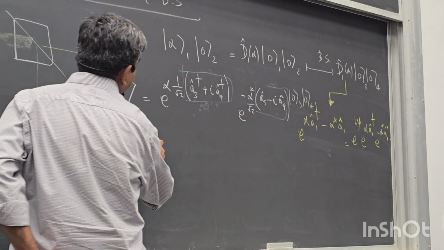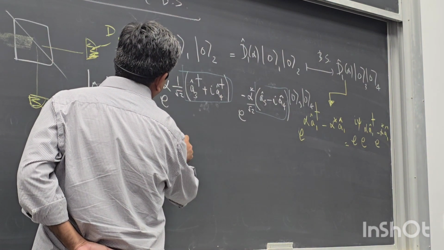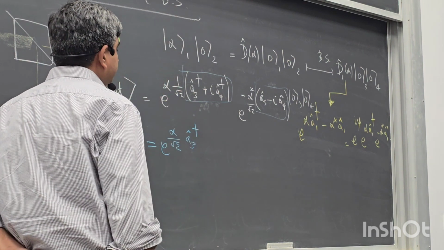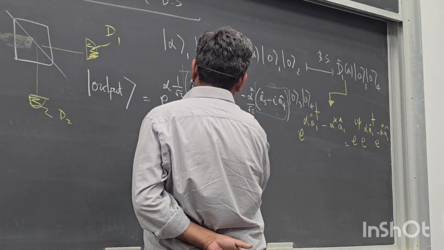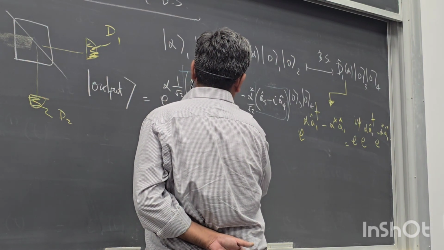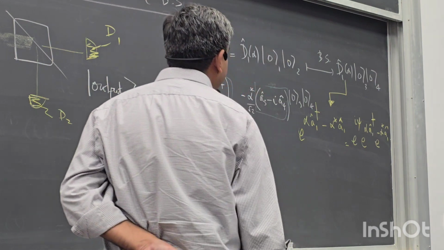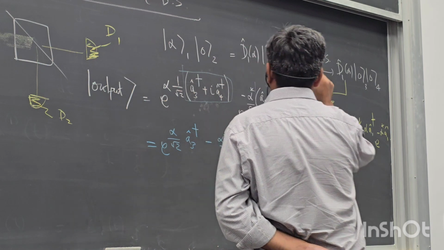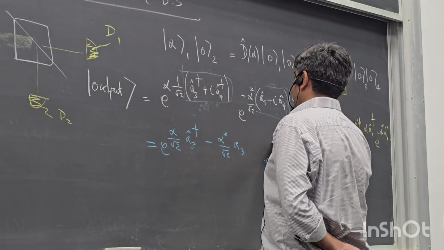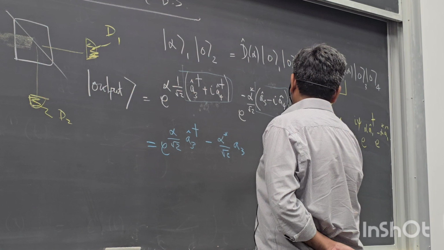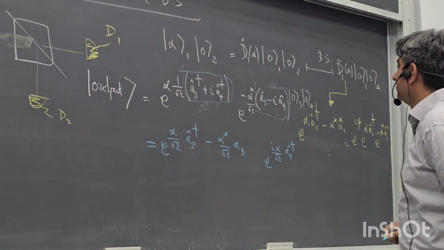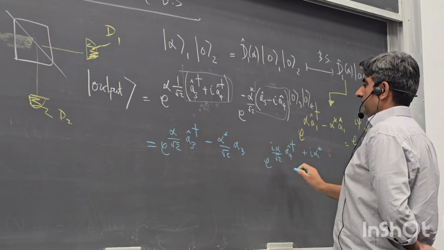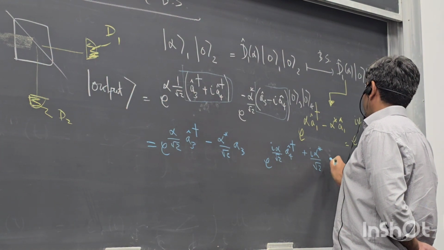So I can write this as e to the alpha over root 2 A3 dagger minus alpha star over root 2 A3, right? Times e to the iota alpha over root 2 A4 dagger plus iota alpha star over root 2 A4.